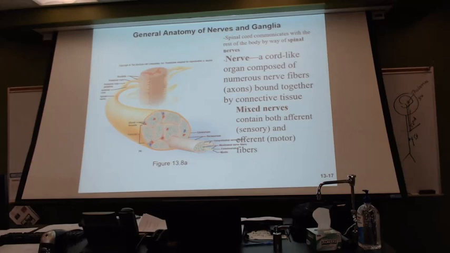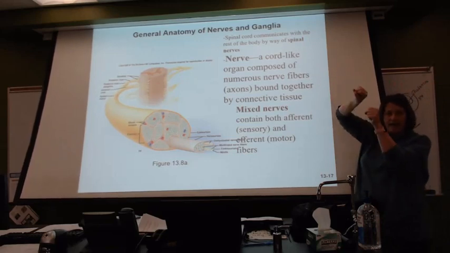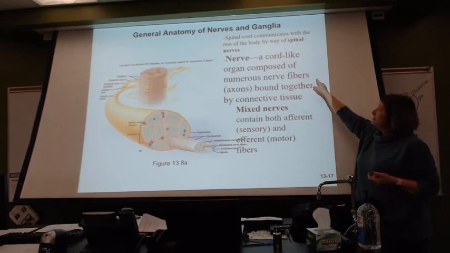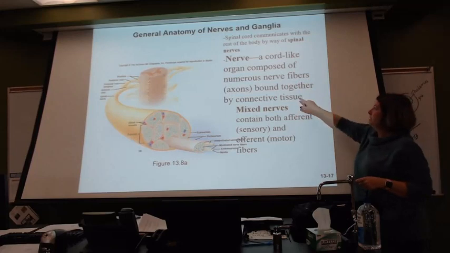Once again, if we think about how it's been so far with the body, 3, 3, 3, 3, okay? Once again, 3 wrappings. So, this cord-like structure, based on those axons, okay, composed of those nerve fibers, axons, I'll keep saying that, okay?